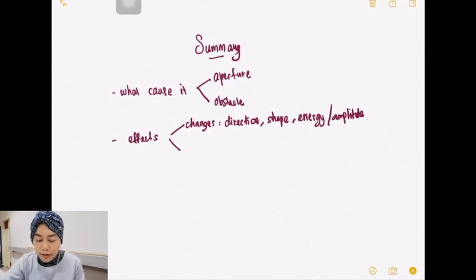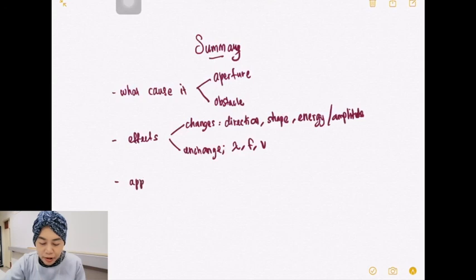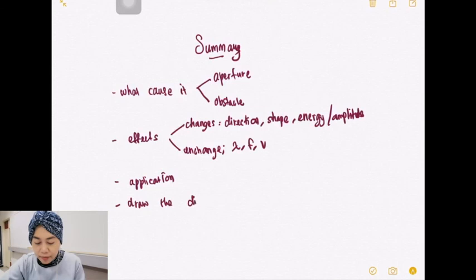And then the things that don't change: wavelength, frequency, and speed. Okay. And then you've also looked at applications of water diffraction. And you've also learned how to draw the diffraction pattern.